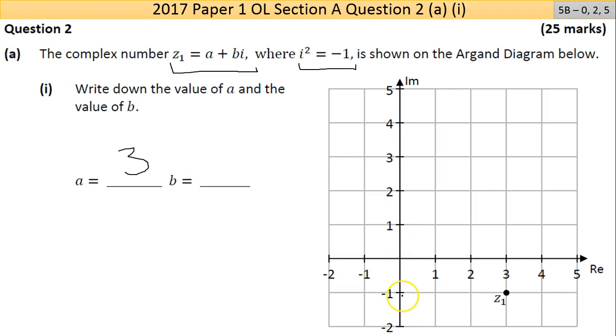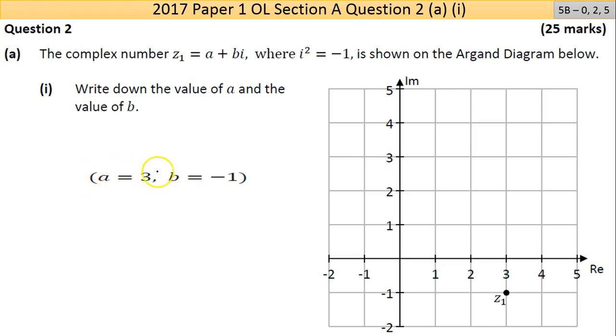The b value there is -1. Technically the complex number is 3 minus 1i, but that corresponds to the question, a plus bi. So a is the 3, b is the number in front of the i, so it's the -1.